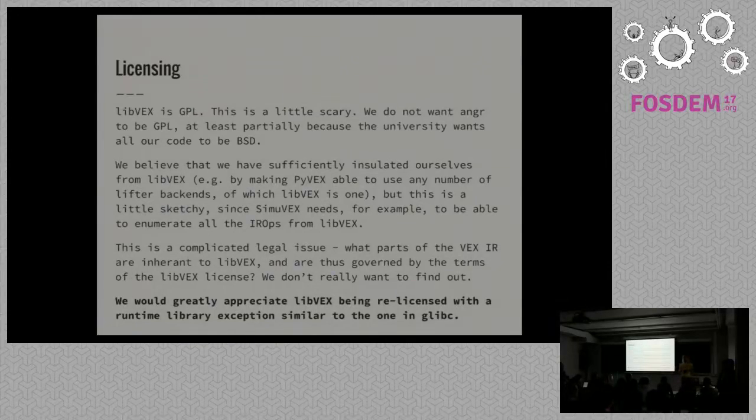So the easiest thing we think would be a library license exception, like the runtime library exception that gets added to Libc, for example, which is GPL, but just because you link with Libc doesn't mean your program is required to also be GPL. That probably needs to be discussed in depth, but it's an important issue to the livelihood of angr and me.